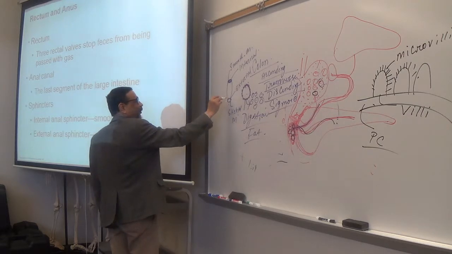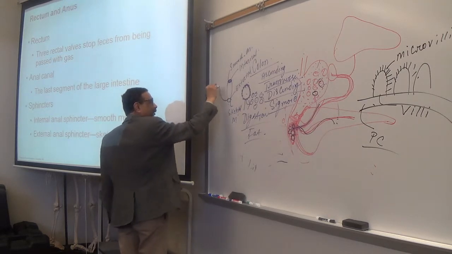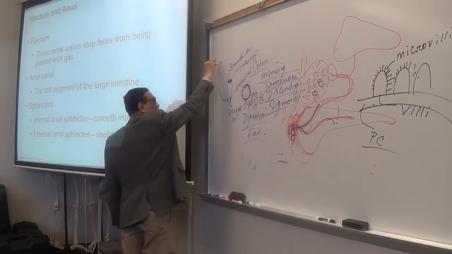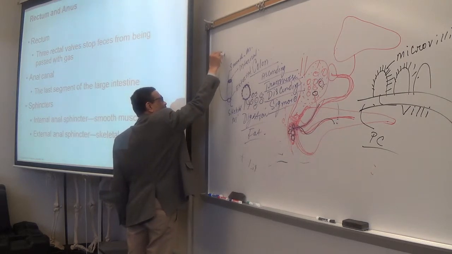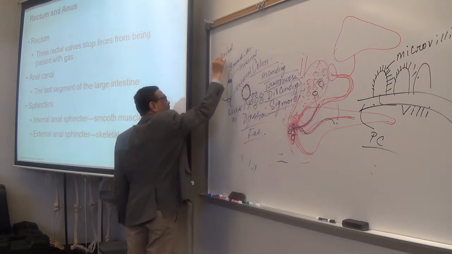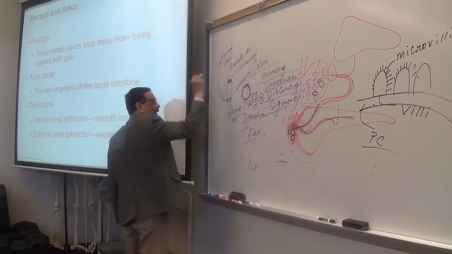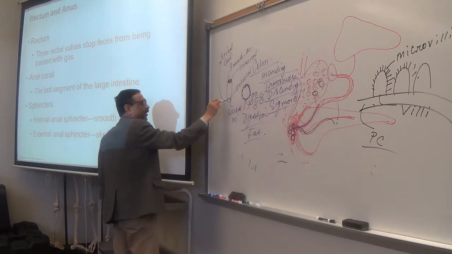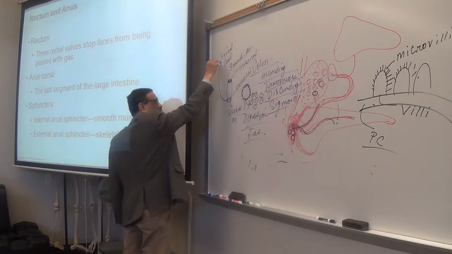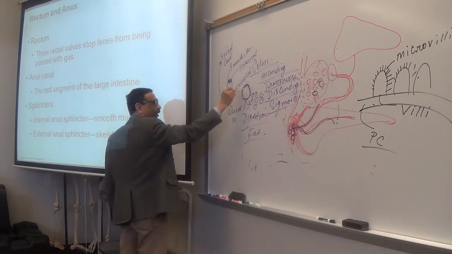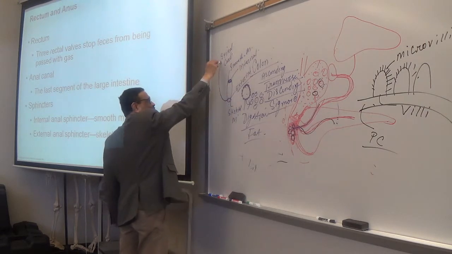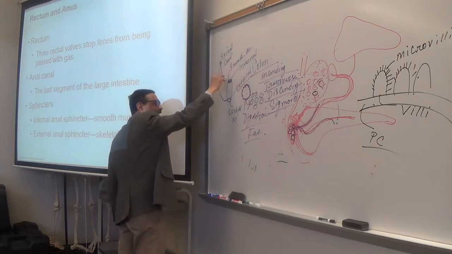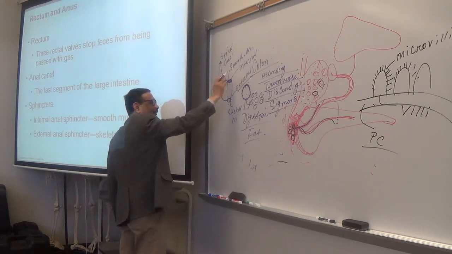And then when we do that, a signal goes to the spinal cord. When you relax it, the signal goes to the spinal cord and tells it that the external one is already open. So the spinal cord will send a signal to the internal one to relax it, because we cannot do that.